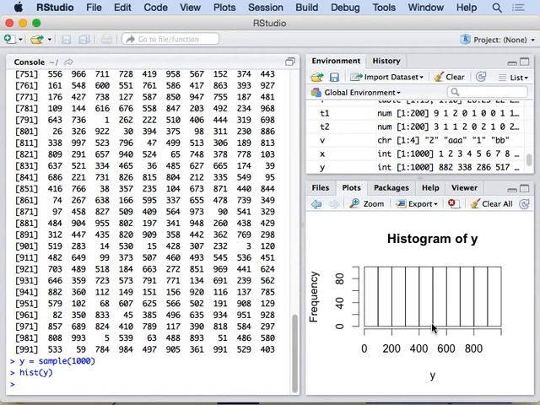So real random numbers from a sample of 1000 values have an equal, perfect distribution, and the counts will be the same everywhere.